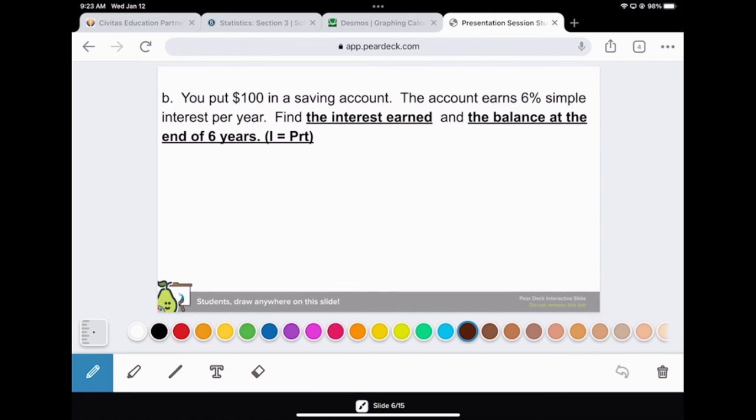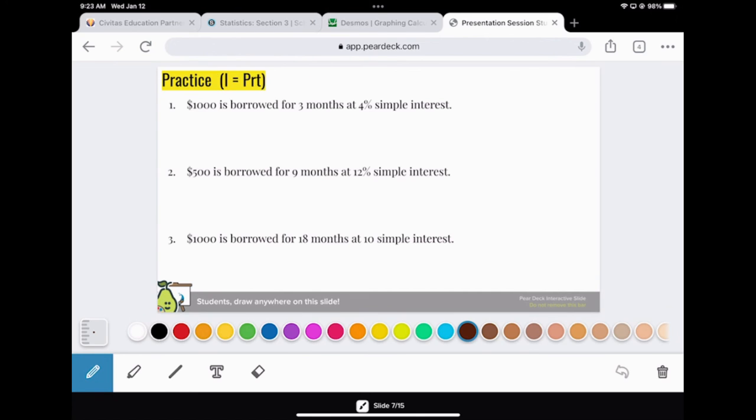Okay, let's do another one. I already did B, the balance, so we can skip this one. Okay, so let's practice. Let's do some part of this. We have the equation. We need to find the interest.